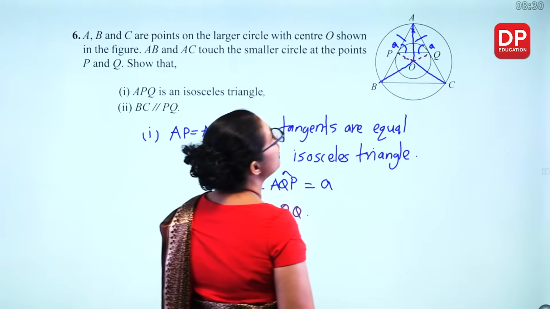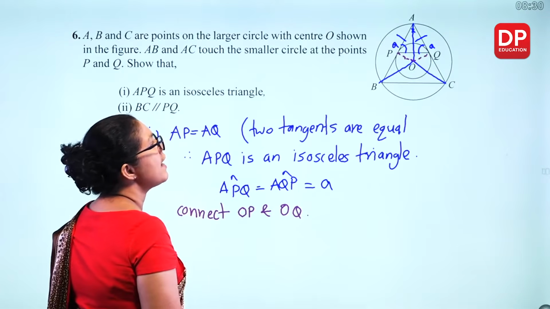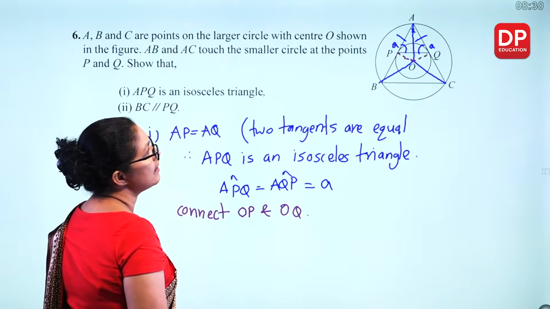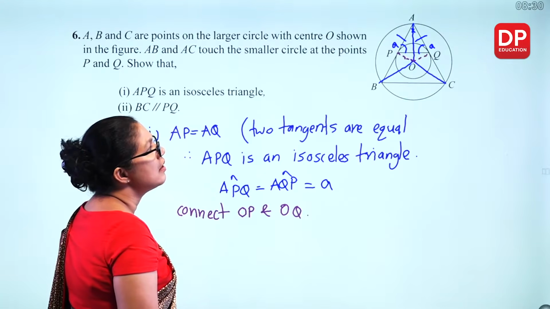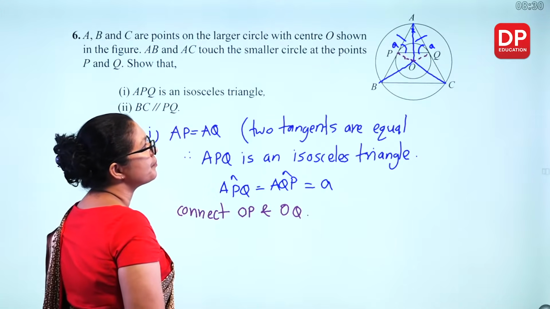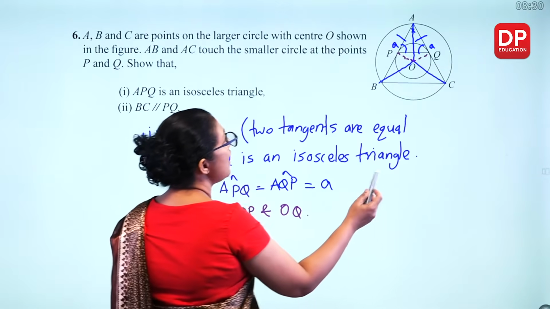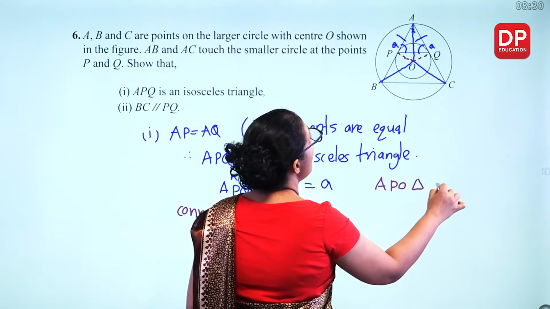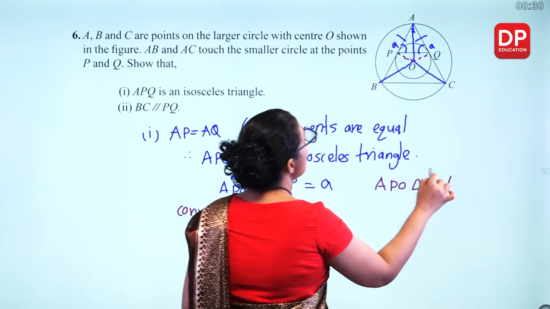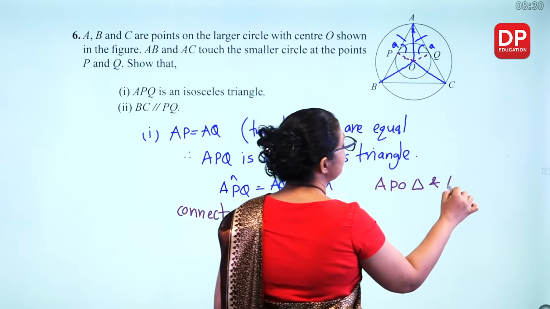What can you say about AOP triangle and OPB triangle? We can show that these two are congruent. So we'll do that. APO triangle and OBP triangle.